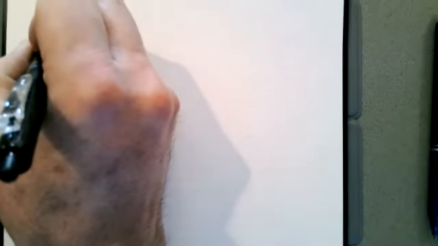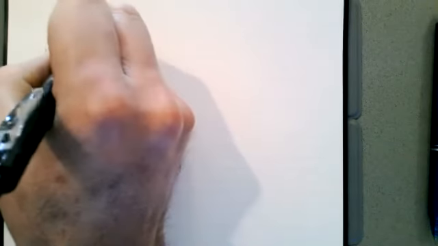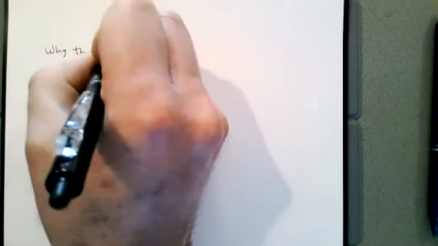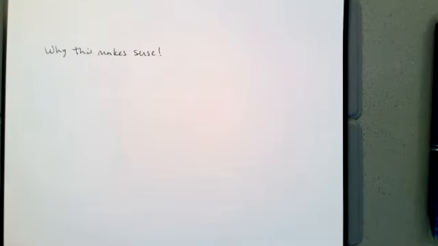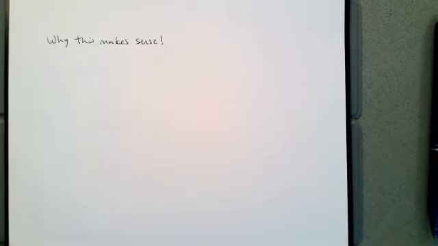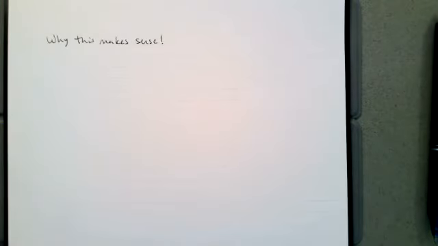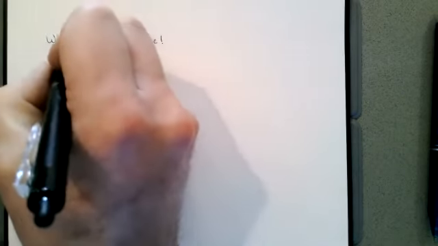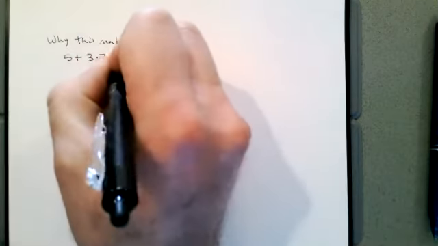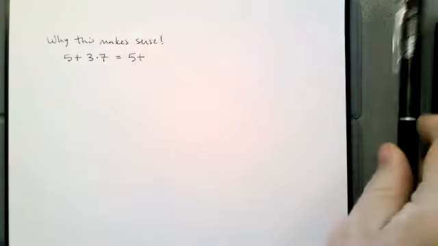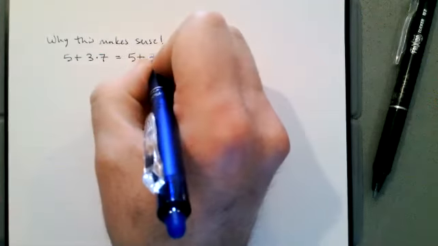So let's talk about why this makes sense. It's not just an arbitrary rule. It makes sense. I don't know if this was blurry or if it's just me. I think it's just me. 5 plus 3 times 7 means 5 plus 3 sevens.